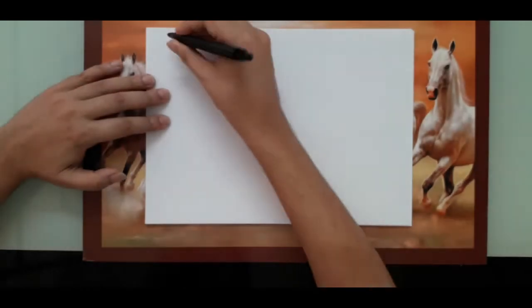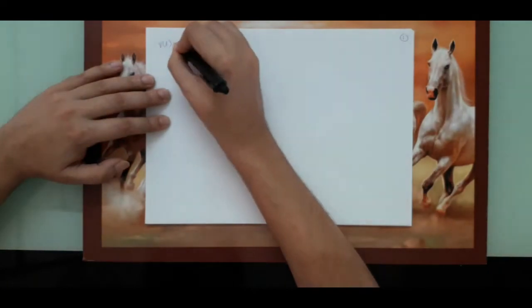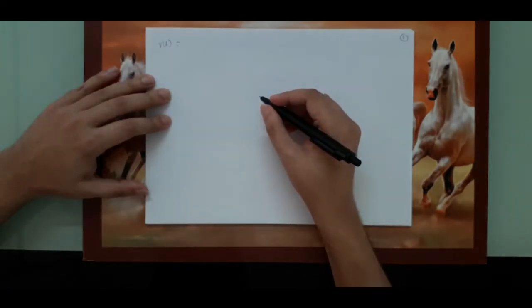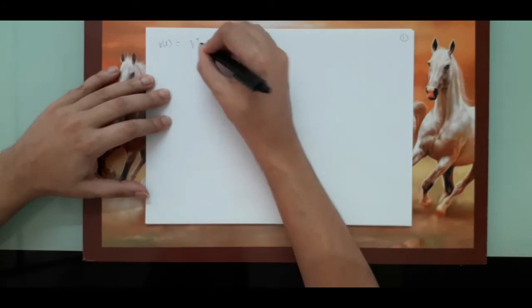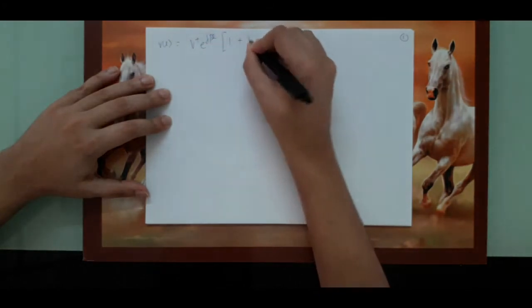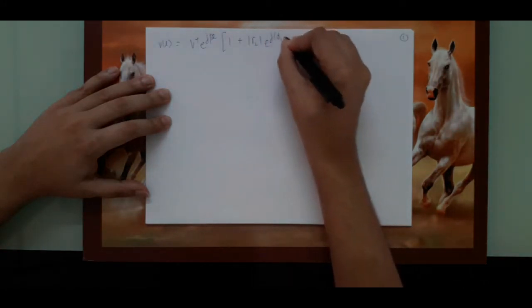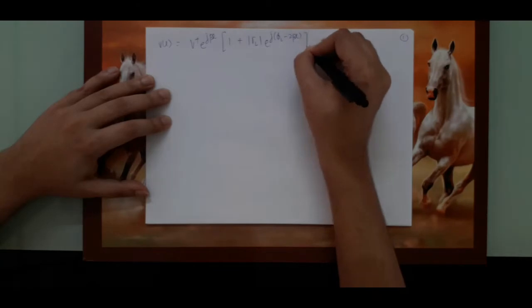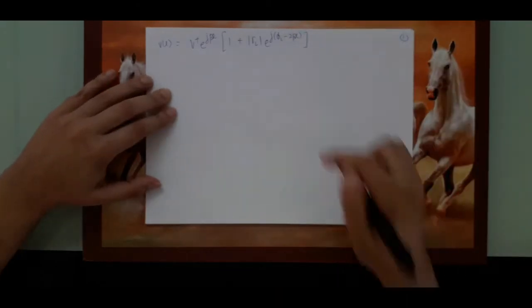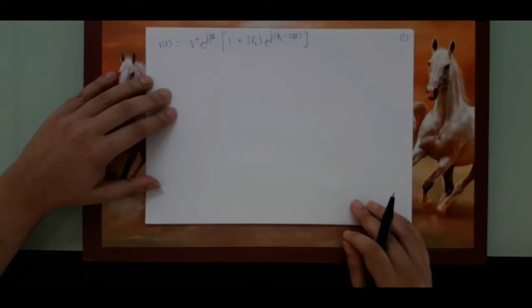So if you remember, for a lossless line, we had derived that V of L is nothing but V plus e raised to j beta L times 1 plus mod of gamma L e raised to j (phi L minus 2 beta L), where phi L is the phase of the complex load reflection coefficient.